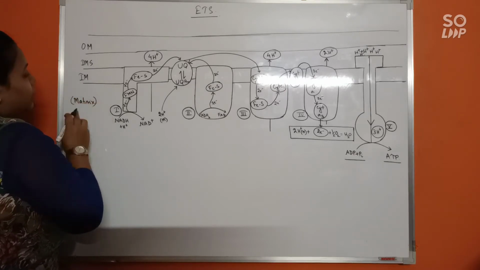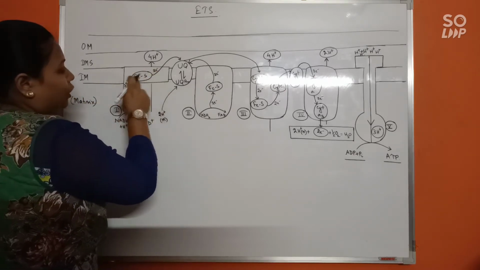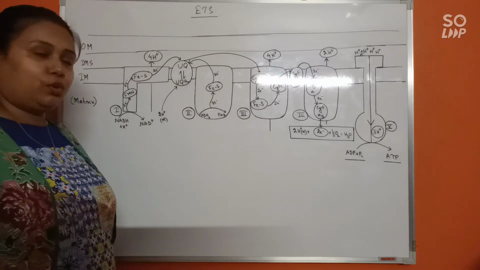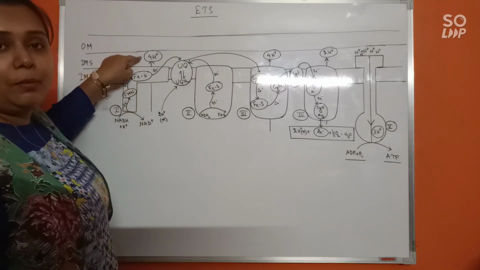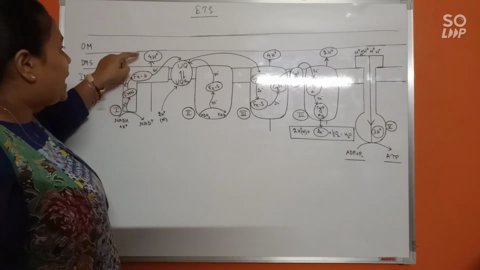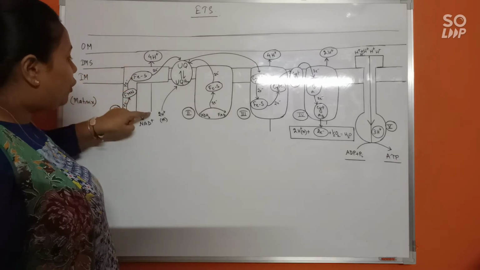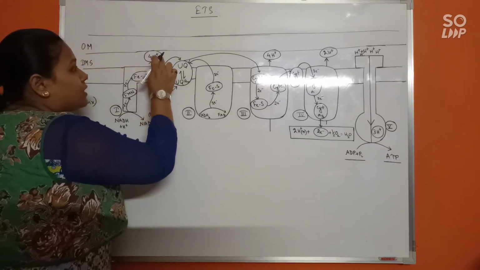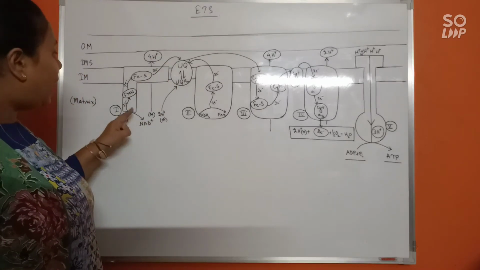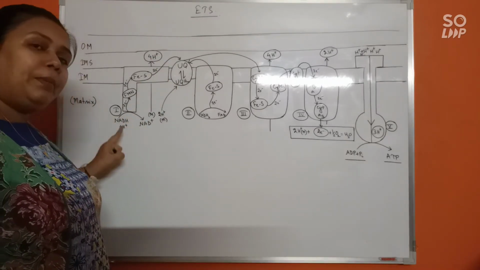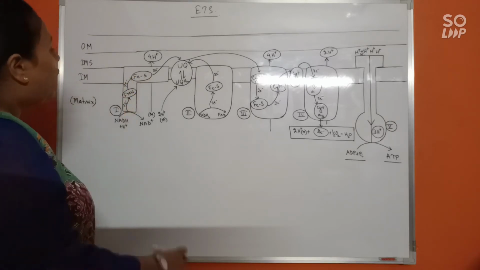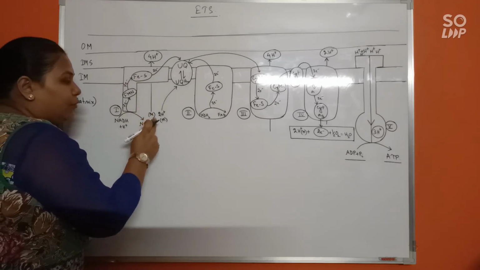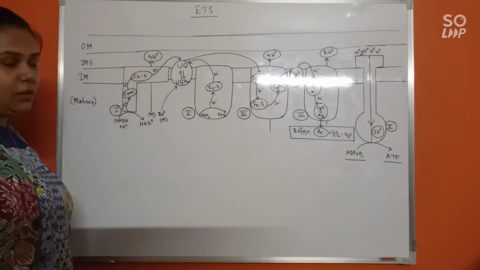So from the matrix, these complexes will start pumping the protons to the intermembrane space. Complex 1 channelizes 4 protons from the matrix to the intermembrane space when a high energy electron passes through it.